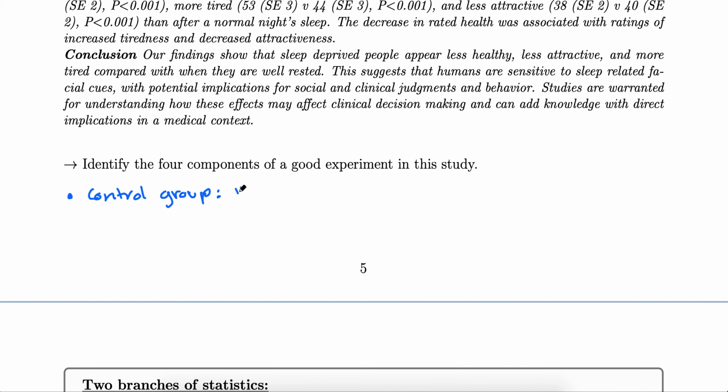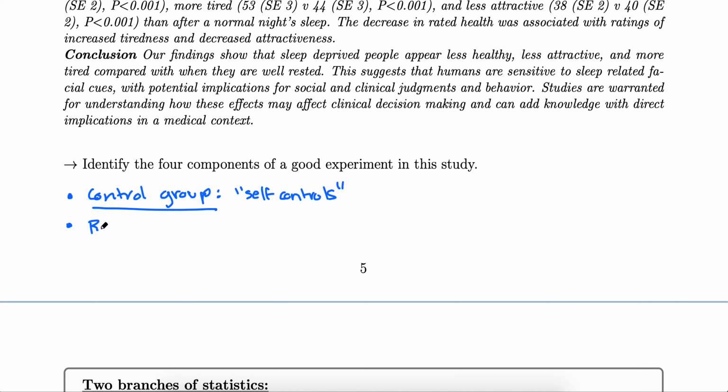So I'm going to say they were self-controls in terms of being photographed under both conditions, baseline of well-rested and then treatment of sleep deprivation. Then again, I may not be doing these in the same order, and that's fine. So we need control group.